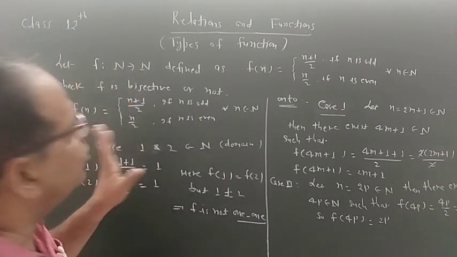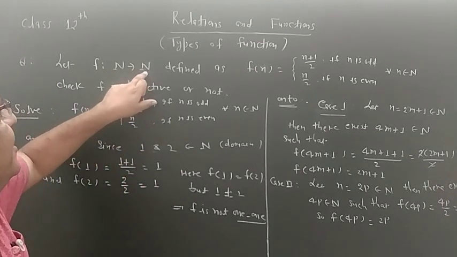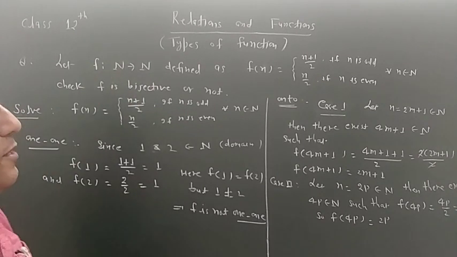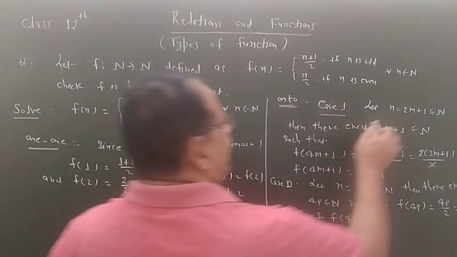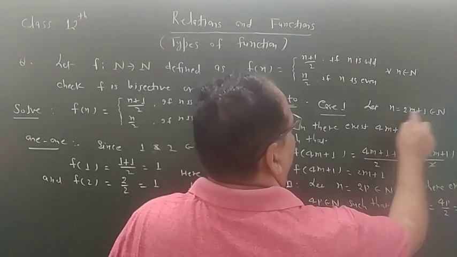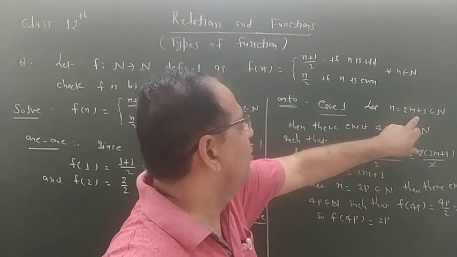We want to check that each number of the codomain is the image of some number of the domain. So first we take from the codomain one number which is odd.